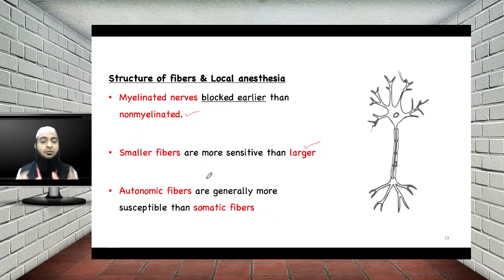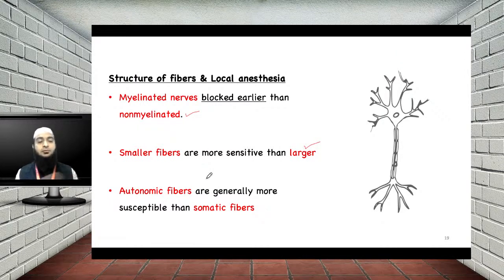So what is the difference between them? Autonomic fibers control the involuntary movements of the body, which are not under your control, whereas somatic fibers control voluntary movement. For example, the movement of the hand is controlled by the somatic fibers, right?